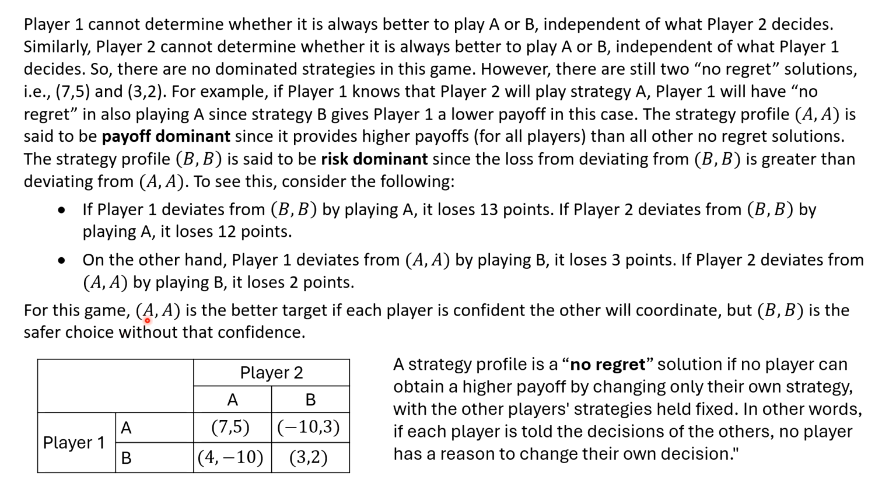So for this game, AA is the better target if each player is confident the other will cooperate. But BB is the safer choice without that confidence, right? Because you have less to lose if you guessed wrong in that case.